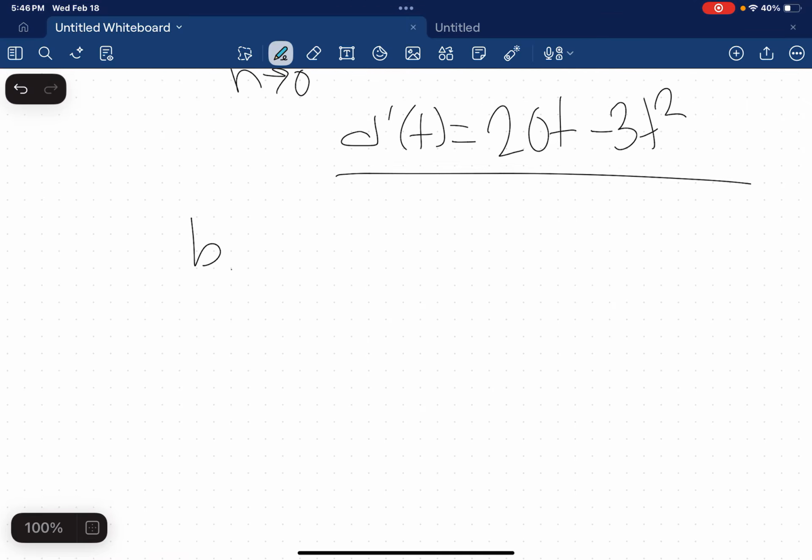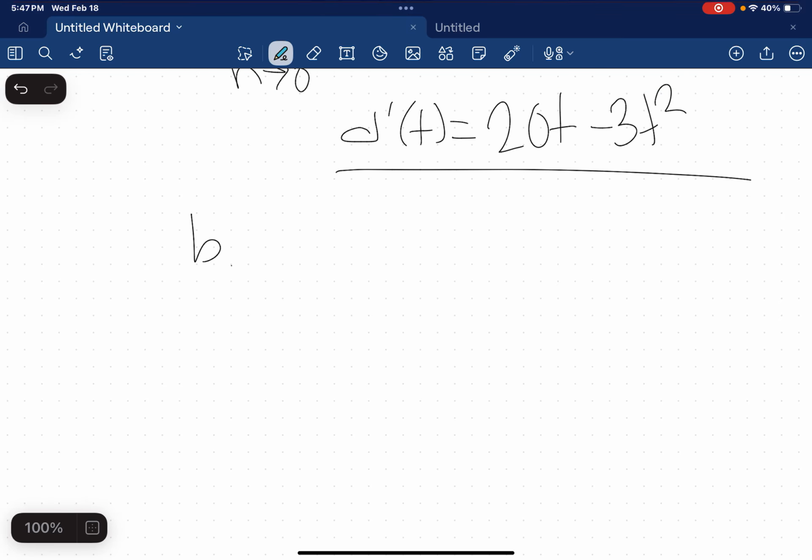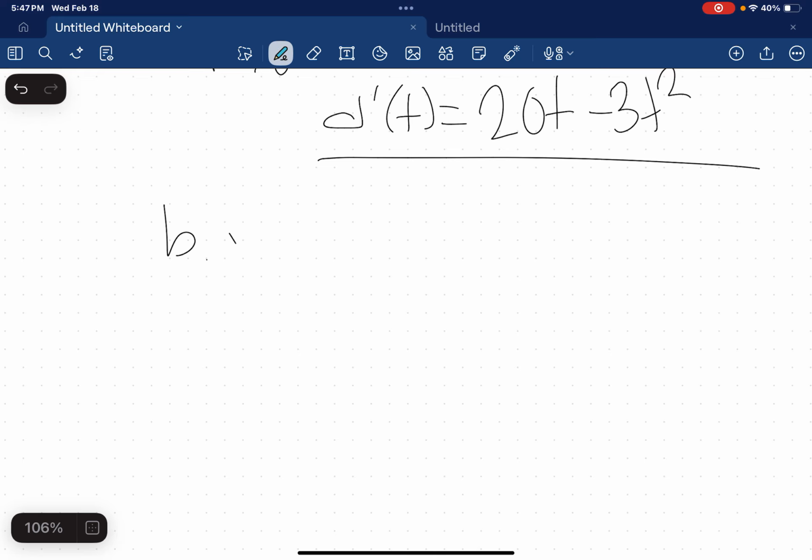On to B. B asks us to find the velocity of the particle after 1 second and after 10 seconds, and comment on what you think the signs of the velocity signify. Again, velocity is just going to be equal to the derivative of displacement.